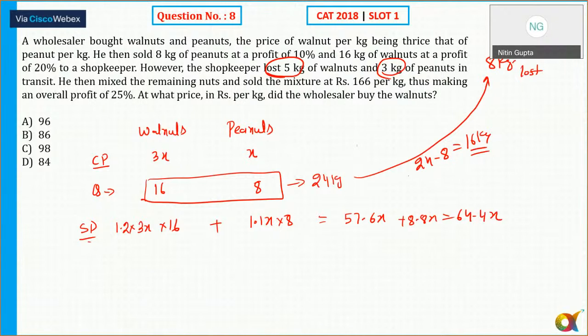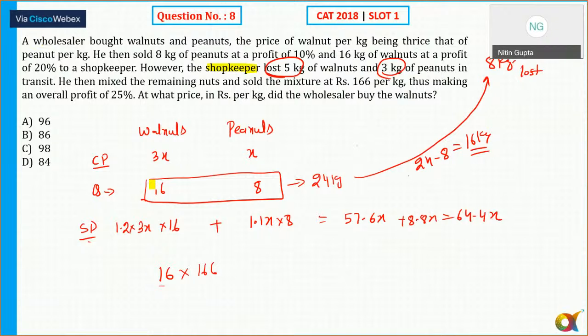Okay. So I can say shopkeeper, he sold it at 166 per kg. Okay, and how many kg he sold? 16 kg. So selling price of 16 kg is equal to 16 kg into 166. Now remember this thing, why? There is a wholesaler and the shopkeeper. We are talking about two persons, so do not be confused.